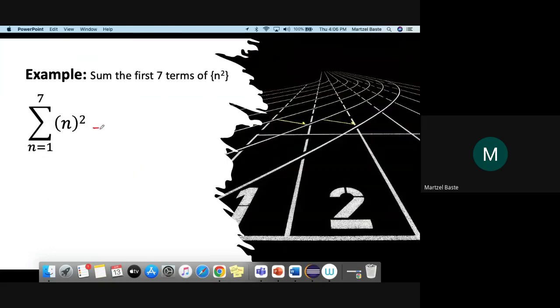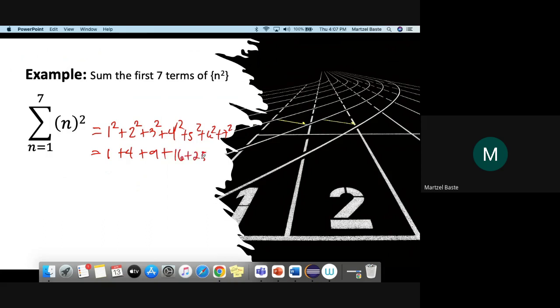Okay. This one. The number series? 1 squared, 2 squared plus 3 squared plus 4 squared plus 5 squared plus 6 squared plus 7 squared, which is, this one is 1, this one is 4, this one is 9, this one is 16, this one is 25, this one is 36, this one is 49.